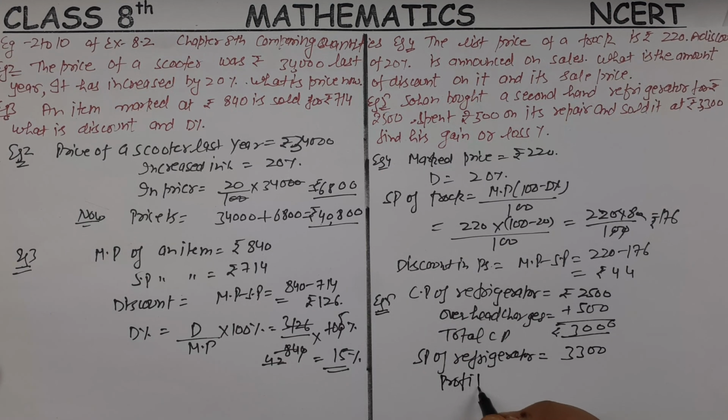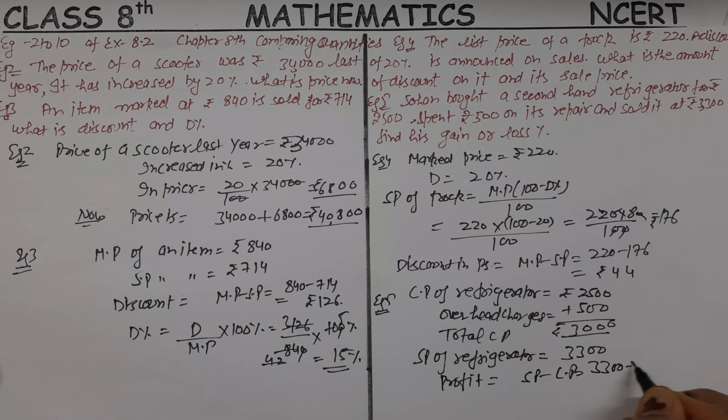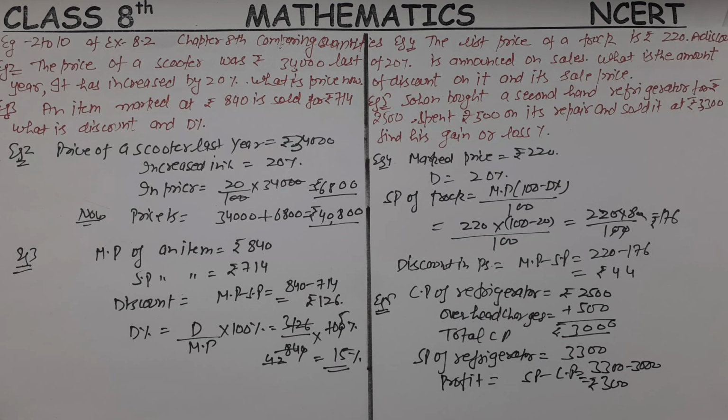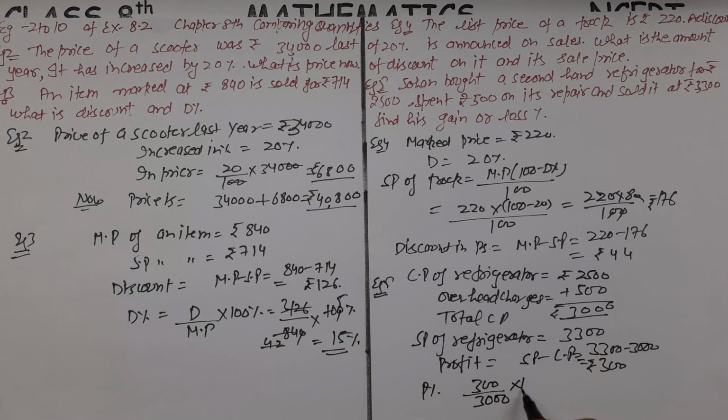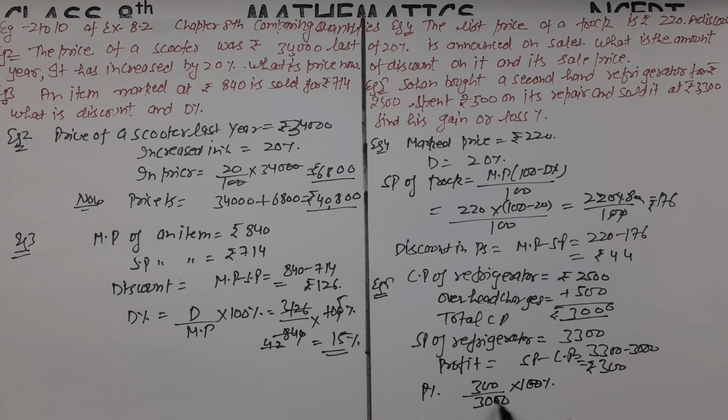Profit is SP minus CP, that is rupees 300. Now profit percent: profit in rupees by cost price into 100%, that is 10%. Answer.